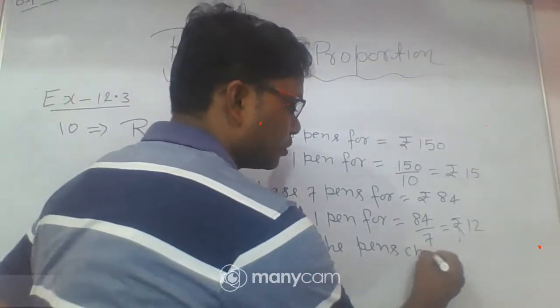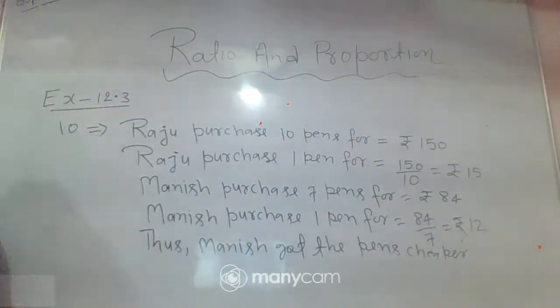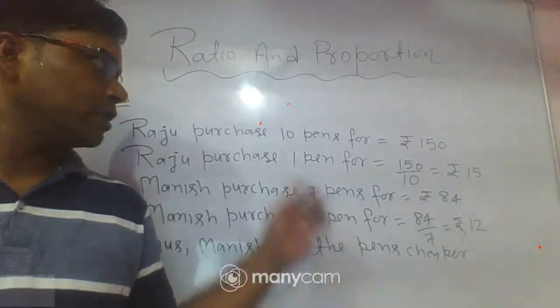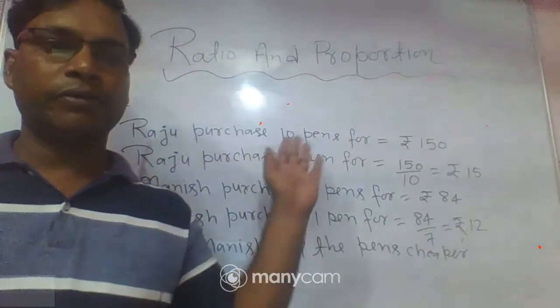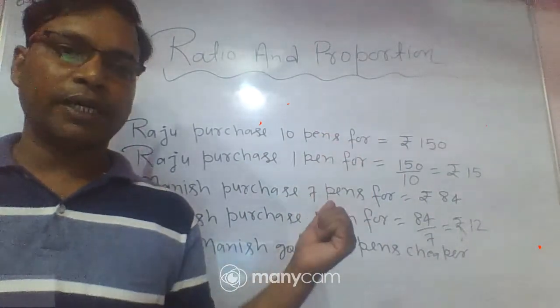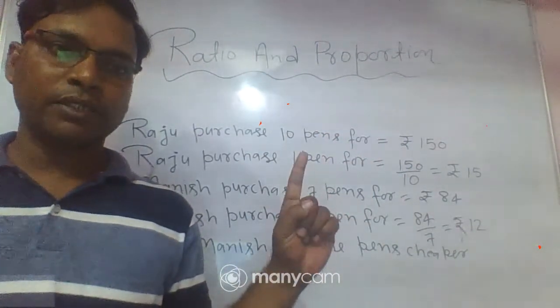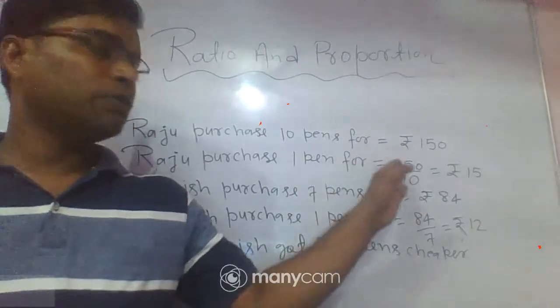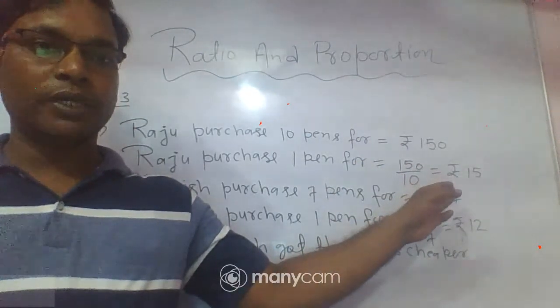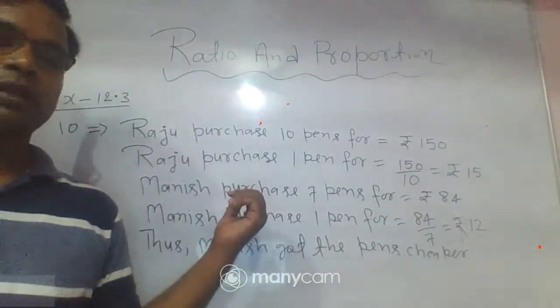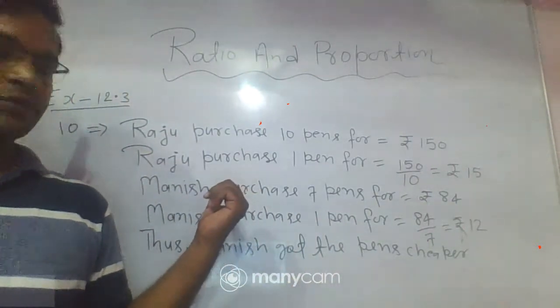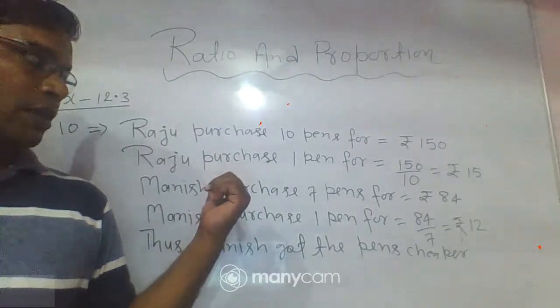Okay, this is clear. Look at it. First, you can see in the question Raju purchased 10 pens for 150 rupees. So you find the cost of one pen purchased by Raju, which is 15 rupees.